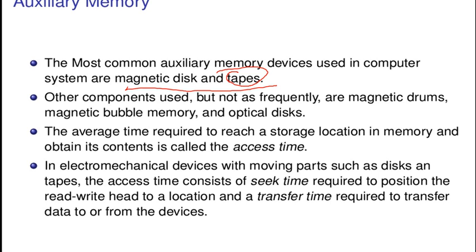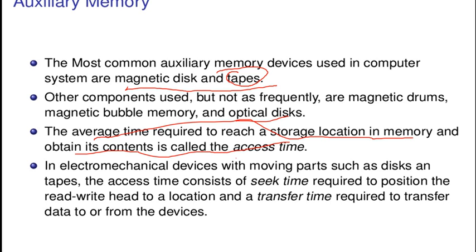Other types of storage that we use are the optical disk, magnetic drums, and bubble memories. These are also components which are being used as auxiliary memory in our systems. So the average time required to reach a storage location in the memory and obtain its content is called the access time.